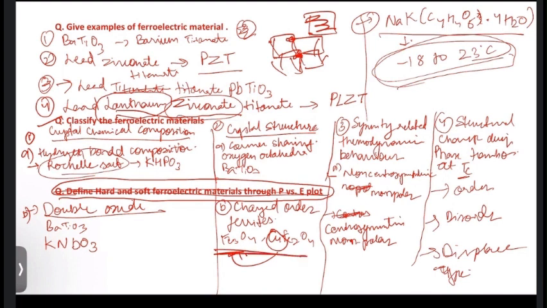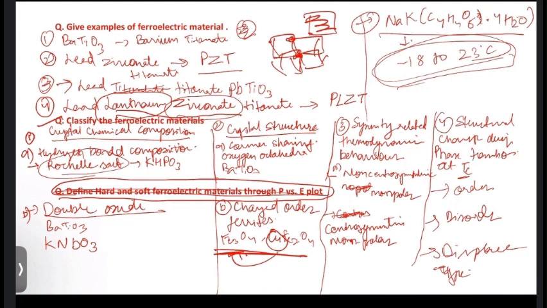Another, we have symmetry related thermodynamic behavior, which is again divided into non-centrosymmetric non-polar and centrosymmetric non-polar. Fourth is structural change during phase transition at Curie temperature, which has another subclassification of three types: order, disorder, and displaced type.